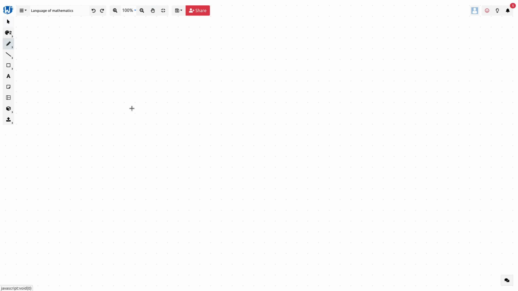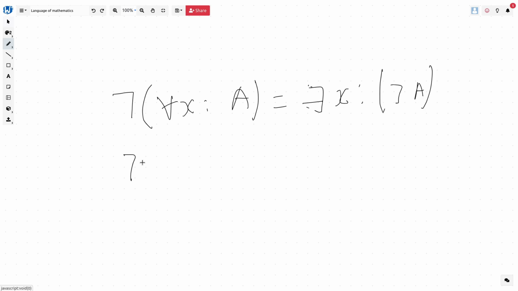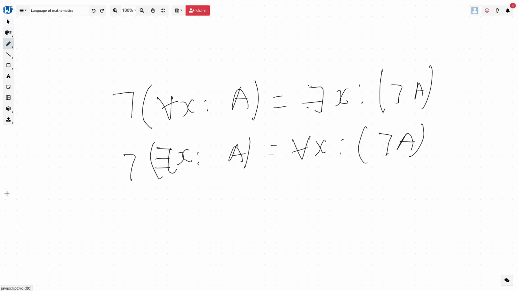I'll not explain this, but I'm going to write this so that you remember it. Again, not of there exists x such that A is equivalent to for all x not of A. Not of for all x, statement A, is equivalent to there exists x such that not of A. I'll write all these things in one place.